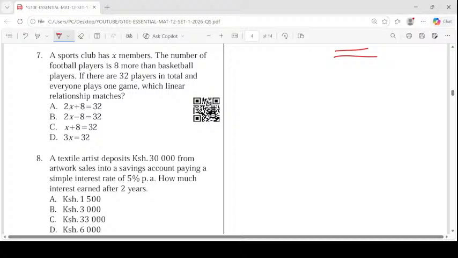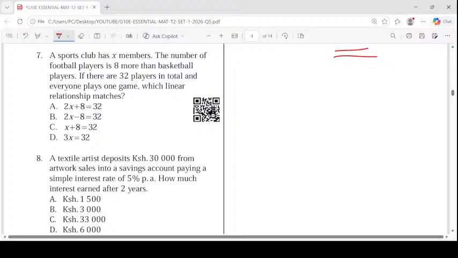If there are 32 players in total and everyone plays one game, which linear relationship matches? Which linear relationship matches? Because the total number of players is 32, a sports club has X members.